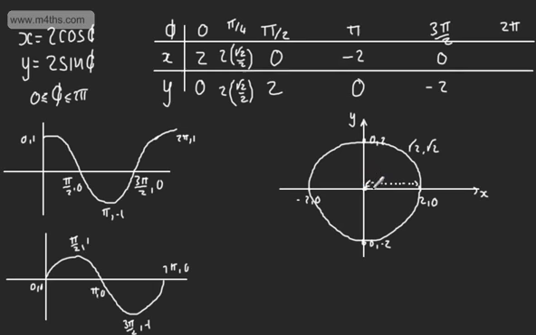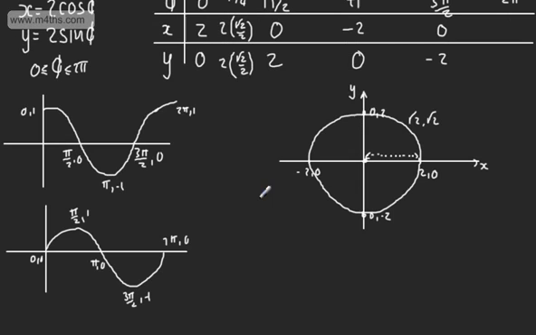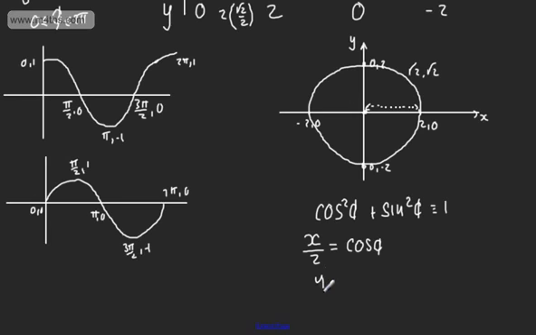What I'm now going to do is eliminate the parameter right here using a trig identity. Now, we know that cos squared theta plus sine squared theta is given to be 1. So, if I now look at this, I've got x over 2 is equal to cos theta. I've got now y over 2 is equal to sine theta.